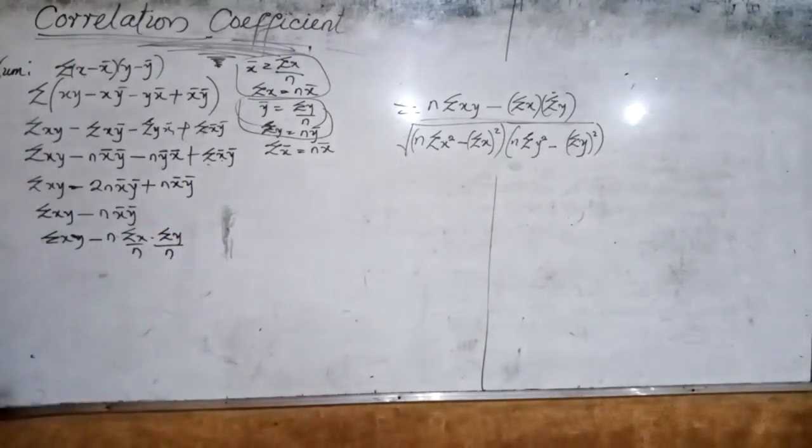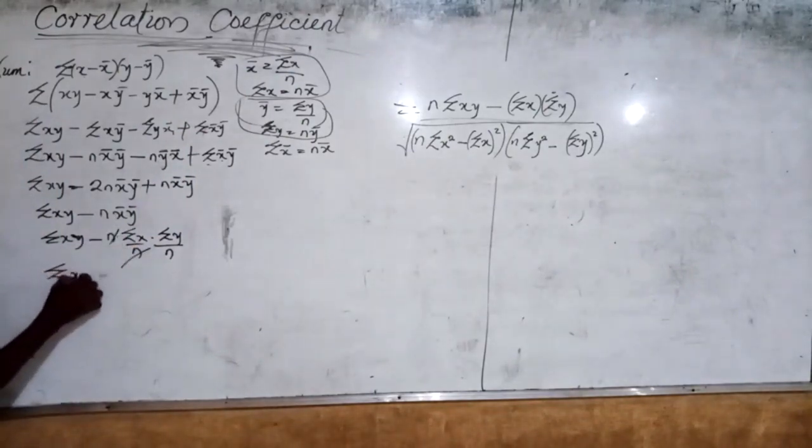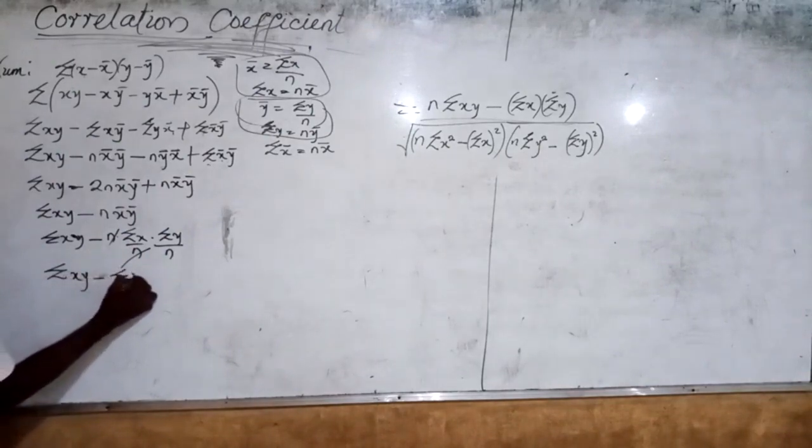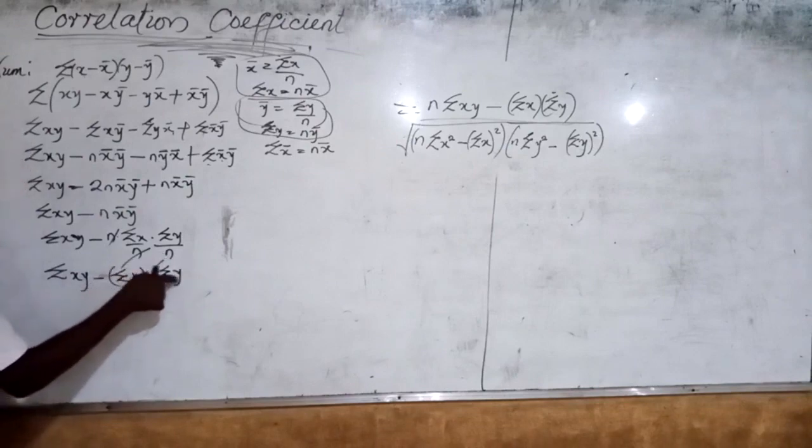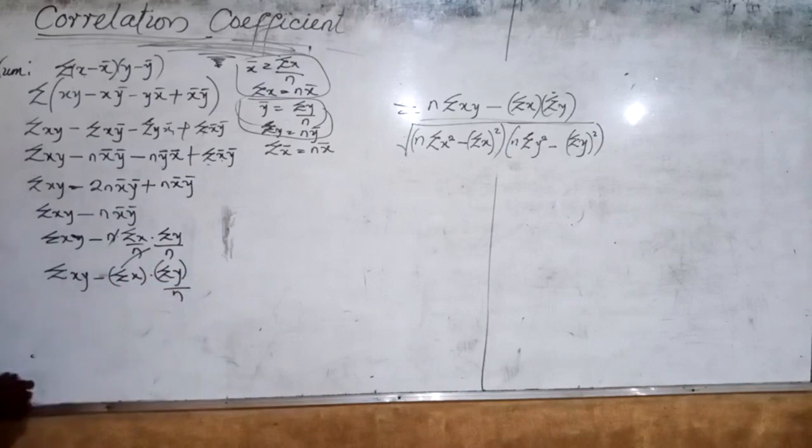So that one n takes care of n. So we have summation xy minus summation x times summation y over n.